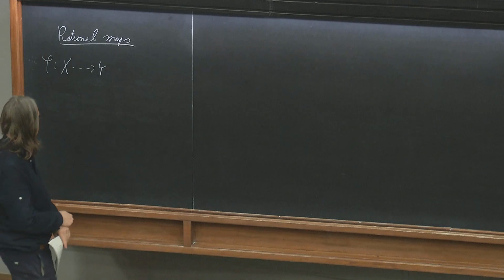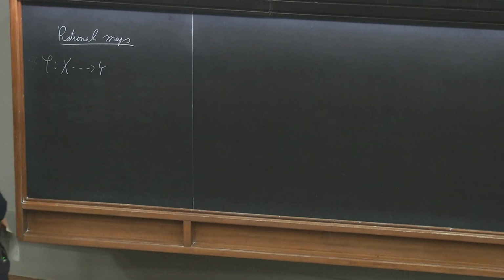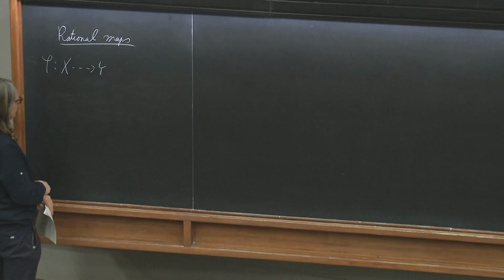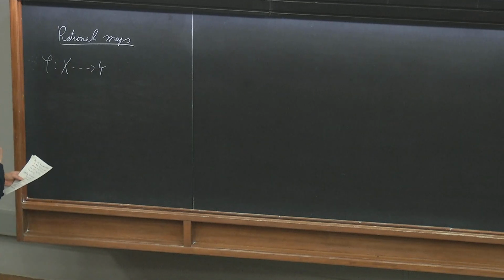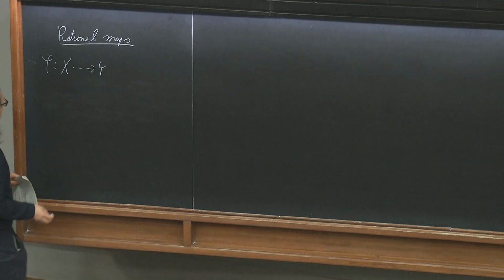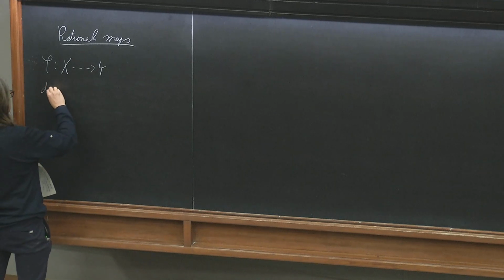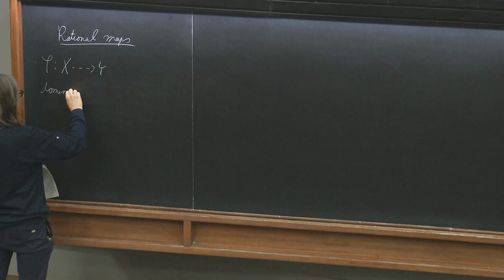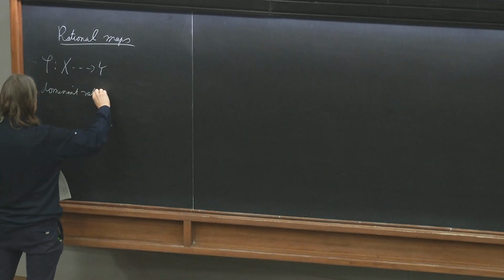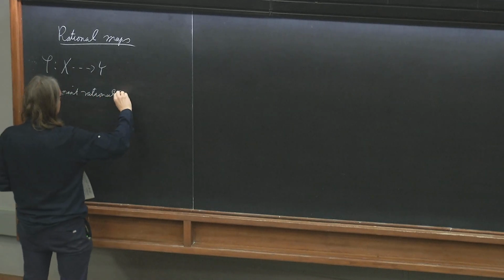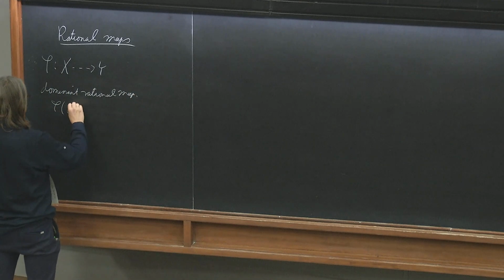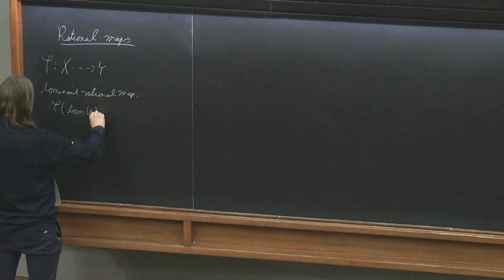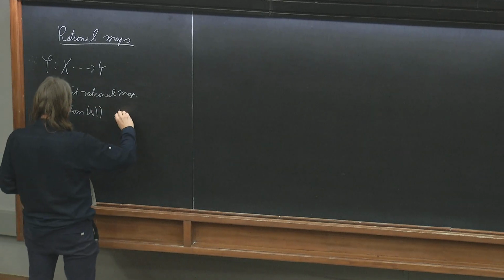Or we can also view it as a morphism from a maximal open subset of X to Y, called the domain of phi. And we had defined what a dominant rational map is: that the image of the domain of phi is dense in Y.